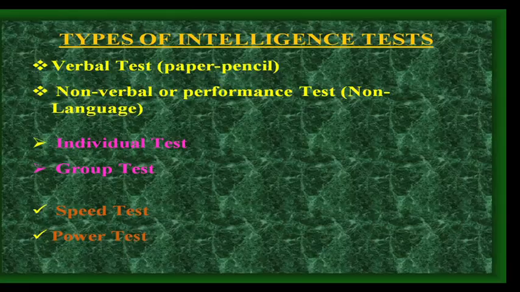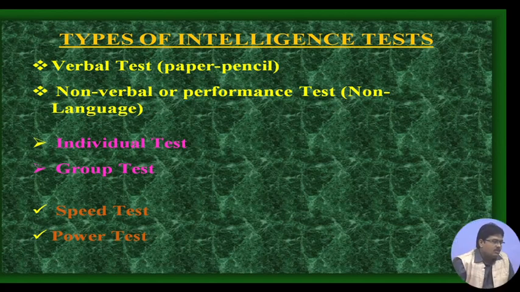So, I would like to bring some examples of the different techniques that are used for the evaluation of human intelligence. Basically, if you look into the domain of measurement, there are varieties of tests available. One is called the verbal test, like a paper pencil test. Questions are prepared and students are asked to answer those questions.